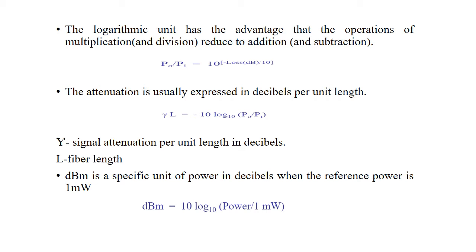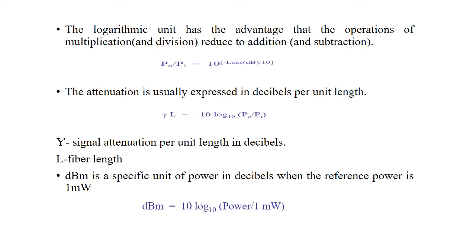The attenuation is usually expressed in decibel per unit length. That is, gamma L is equal to minus 10 log base 10 of P0 by Pi. Here gamma is the signal attenuation per unit length in decibels, and L is the fiber length.